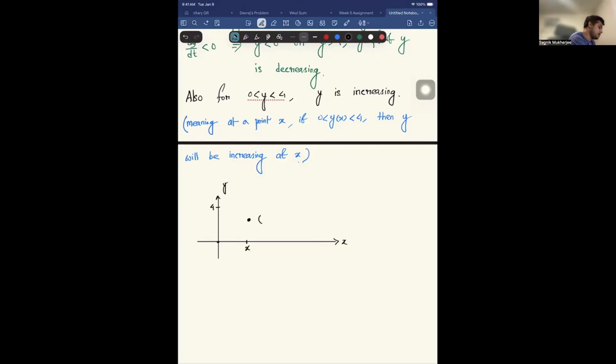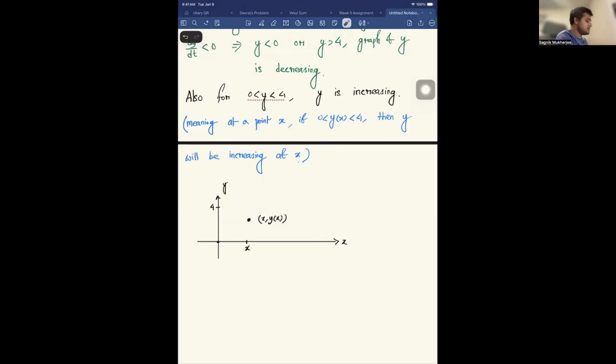So this is the point (x, y(x)). You can see that the height of this point is between 0 and 4, right? And we just said that if the value of y(x) is between 0 and 4, the function will increase. So the function is increasing. Again, the value is still between 0 and 4, so the function will further increase, and further increase.